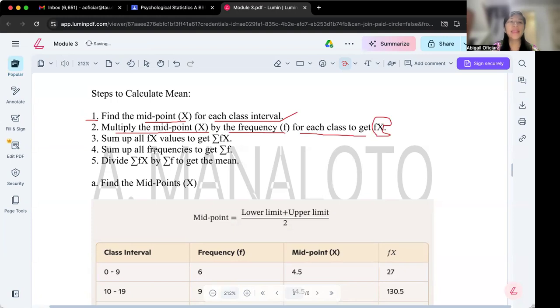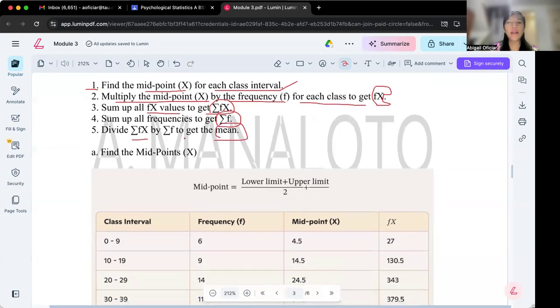Then sum up all the fx to get the summation of fx. Then sum up all frequencies to get the summation of f. Then we just divide the summation of fx by the summation of f to get the mean.